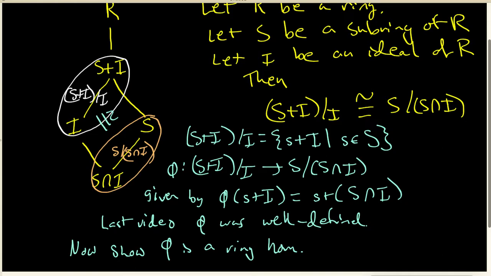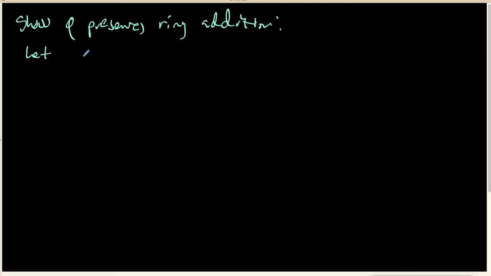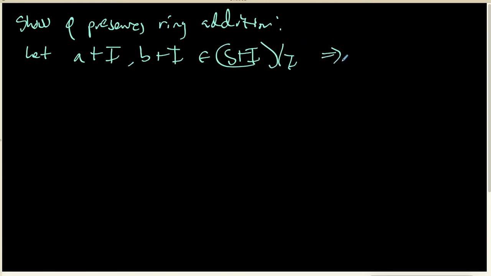Well, in order to do that, we need to show that phi preserves ring addition. So I'm going to let it be A plus, because I don't want to deal with subscripts. So we're going to let A plus I and B plus I be two elements of S plus I mod I. And that tells me that A and B themselves are elements of the ring S. Now look at this.